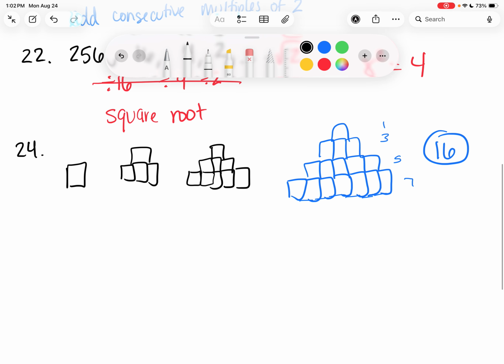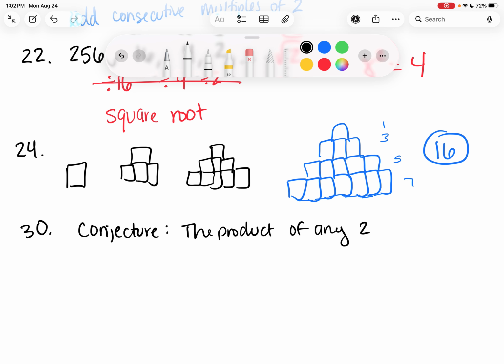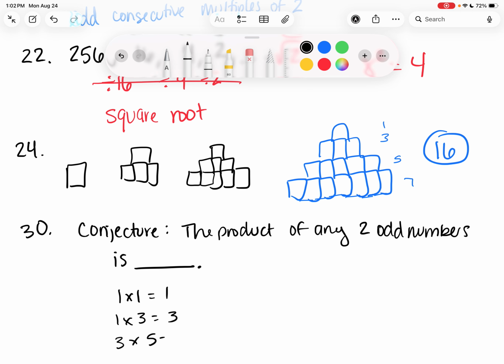All right, complete the conjecture based on the pattern you observed in the specific cases. So the conjecture is the product of any two odd numbers is blank. And they give us some examples. 1 times 1 is 1. 1 times 3 is 3. 3 times 5 is 15.